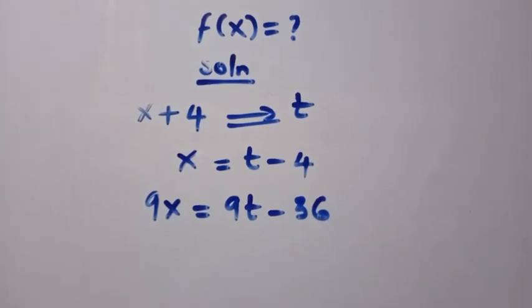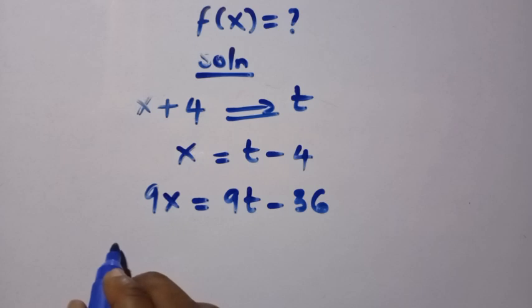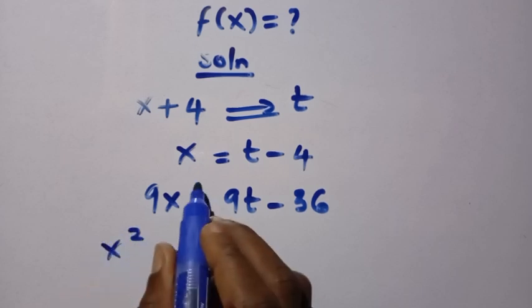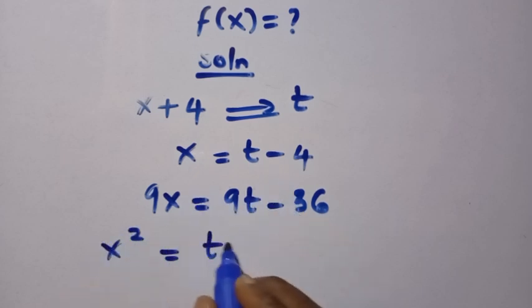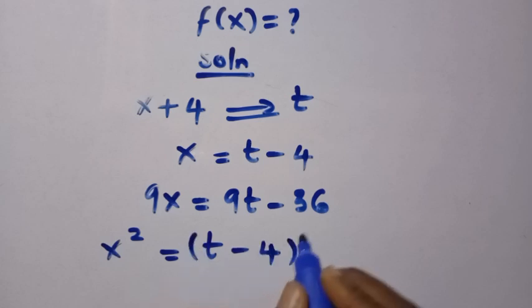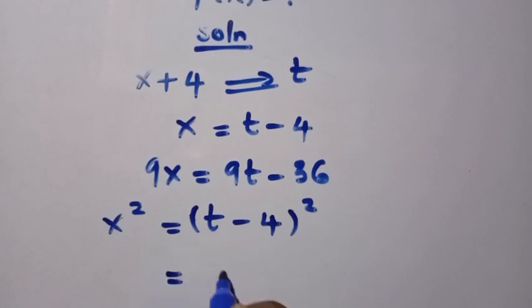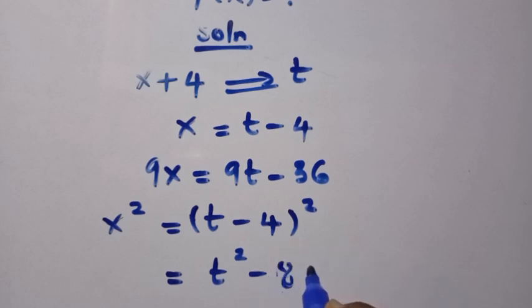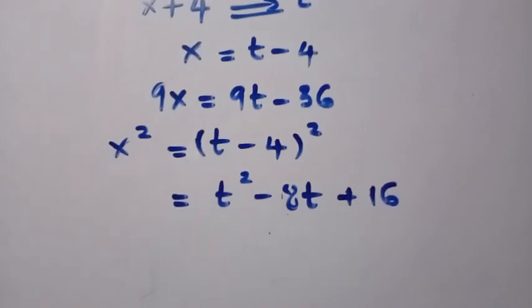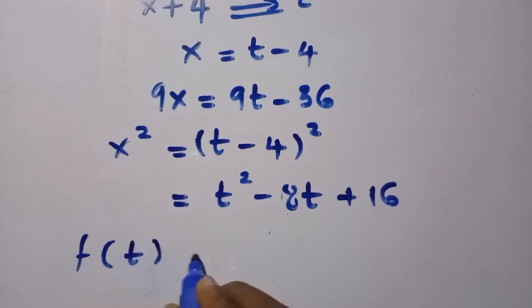And also we need x squared. By taking the square of x equals t minus 4, we are going to have t minus 4 raised to the power of 2. If we expand this, we are going to have t squared minus 8t plus 16. And when we plug it into the given question, instead of f of x plus 4, we change it to f of t equals.